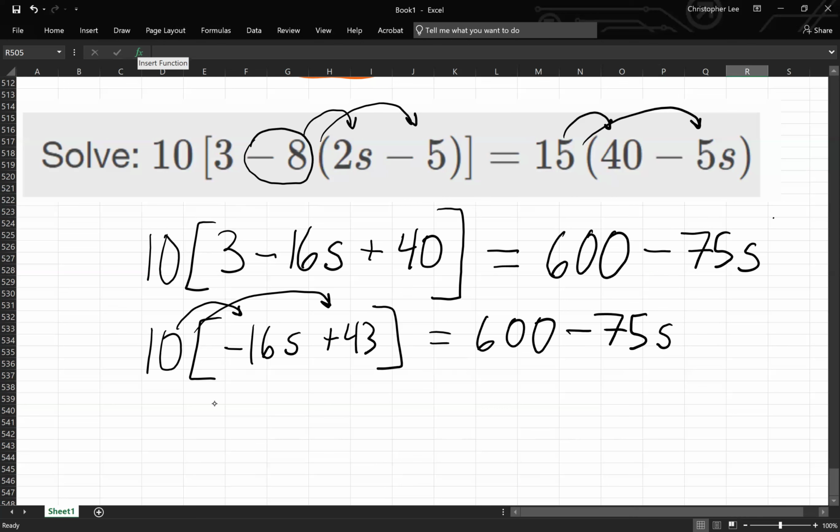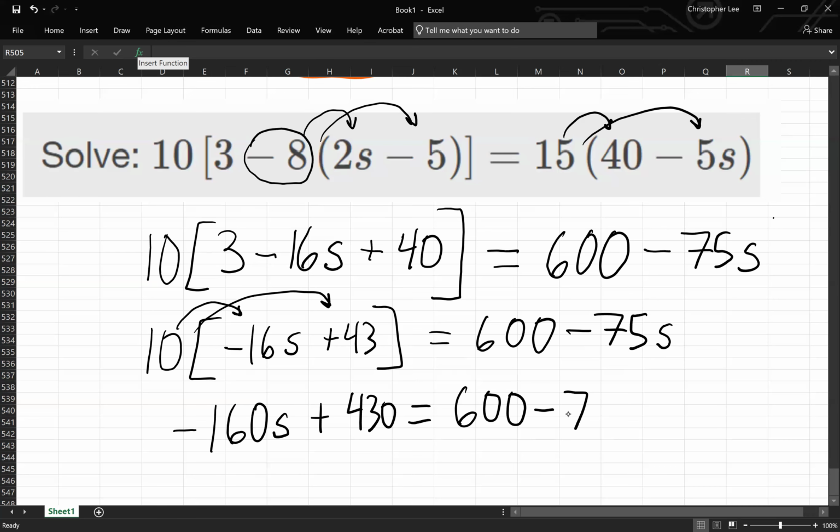So what's 10 times negative 16s? Negative 160s. Very good. Plus what's 43 times 10? 430. Equals. We got the 600 minus the 75s. What should I do next?